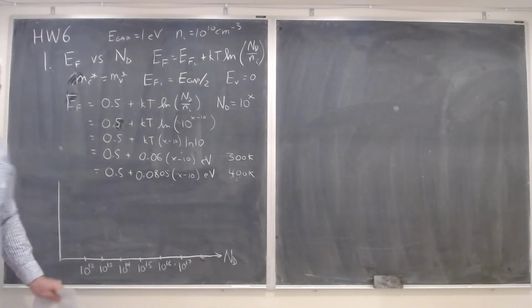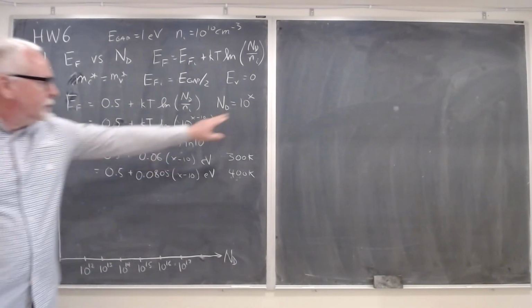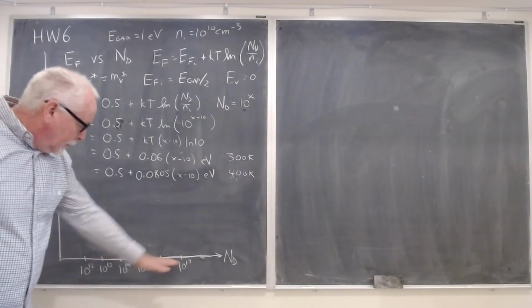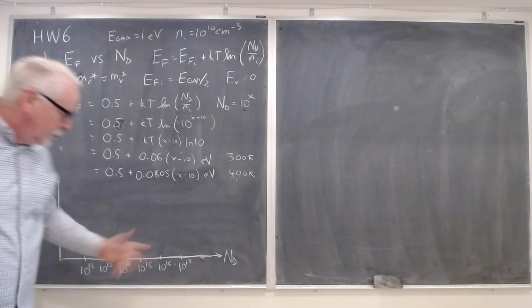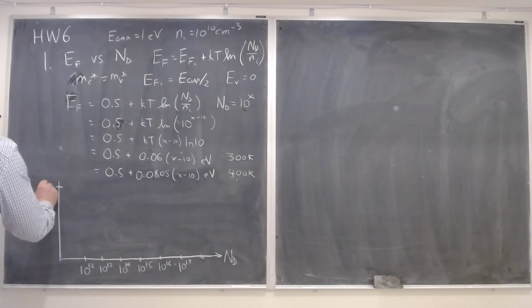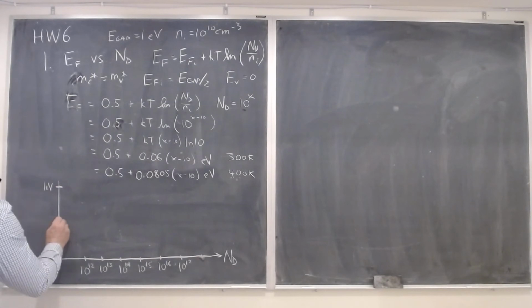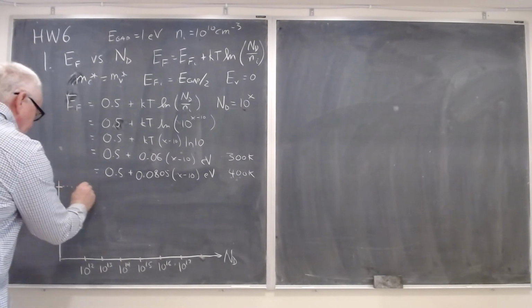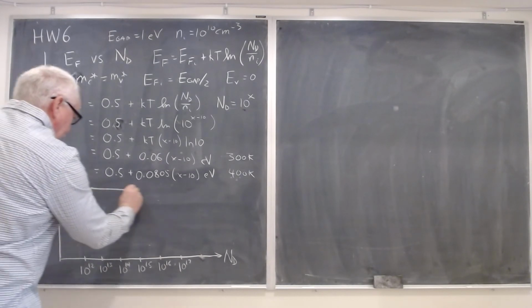So you can see kind of the reason why I defined ND as 10 to the x is because then on a log plot, x is linear. And let's put 1 eV here. There's the middle of our band gap. Let's draw E sub C so we can keep track of that.